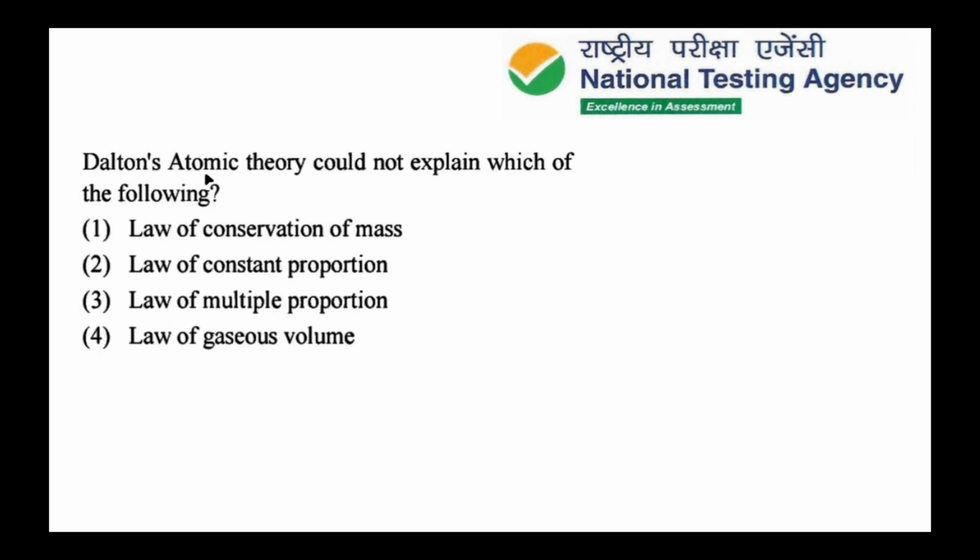The next question is, Dalton atomic theory could not explain which of the following: law of conservation of mass, law of constant proportion, law of multiple proportion, and law of gaseous volume. So we know very well, according to Dalton atomic theory, it could explain the law of chemical combinations.